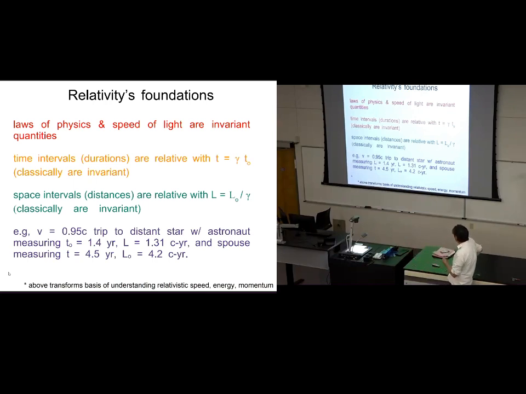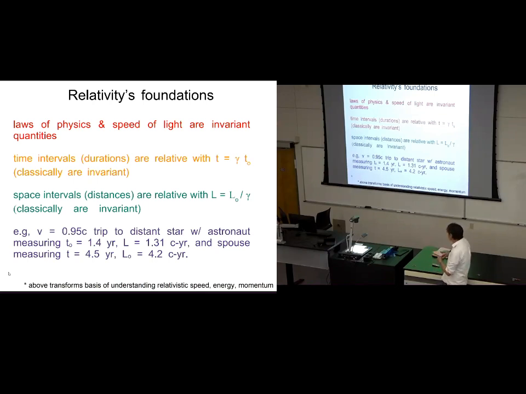We found that the astronaut measured the length of the trip from leaving Earth to arriving at Alpha Centauri to be 1.4 years, and measured the distance to be 1.3 light years. So that's the astronaut measuring how long it took and how far they went. On Earth, the spouse measured the trip with the spouse's reference frame.